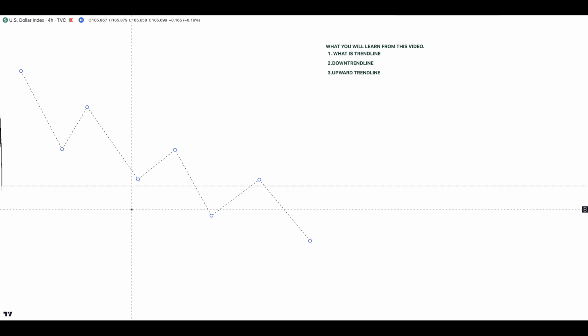Similarly, when the market is moving up, it also forms what we call upswings and downswings. So the first one was moving down and the second one is moving up.